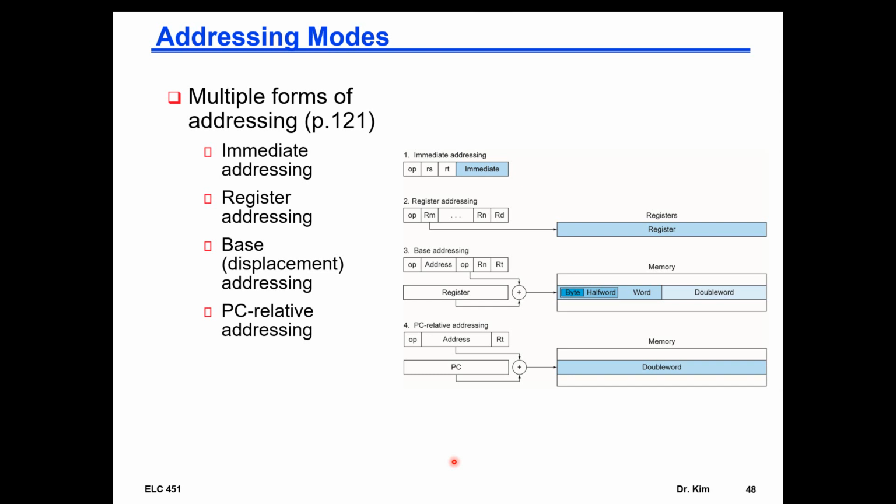Now let's switch gears and discuss addressing formats. So addressing formats are different than instruction formats. The definition of an addressing format is that it defines where the operand is, how you get to the actual operand that the instruction is going to be operating on.